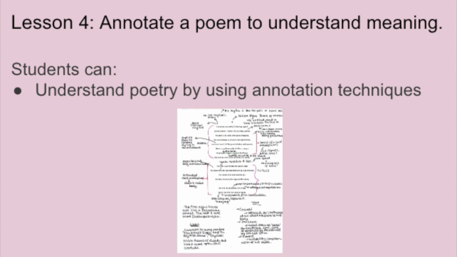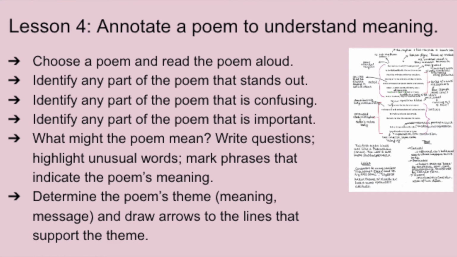Lesson 4 focuses on understanding the meaning of poems. Students can understand poetry by using annotation techniques. Within Lesson 4, identifying specific aspects inside a poem will lead students to overall meaning and theme as well.